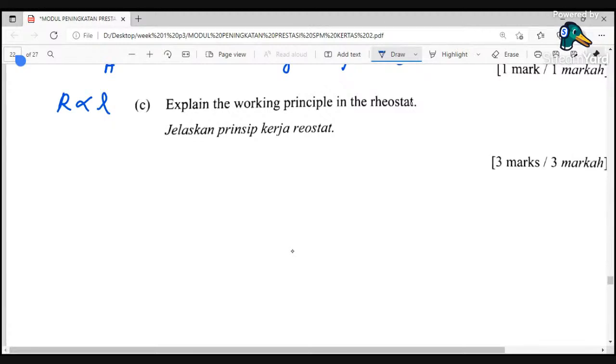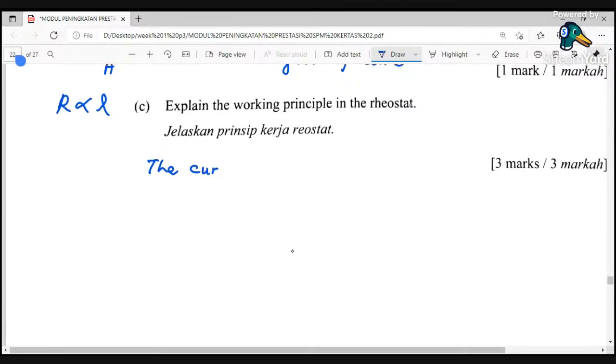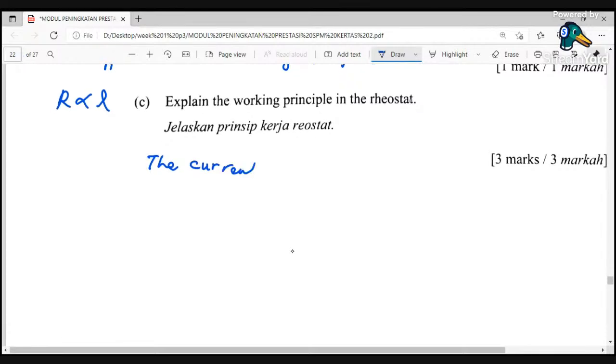First, the current flows from B to C through the slider.